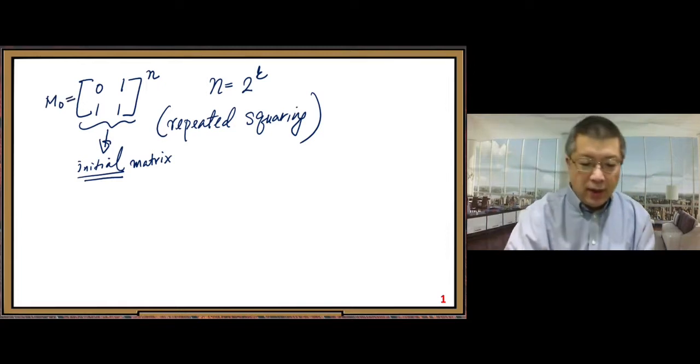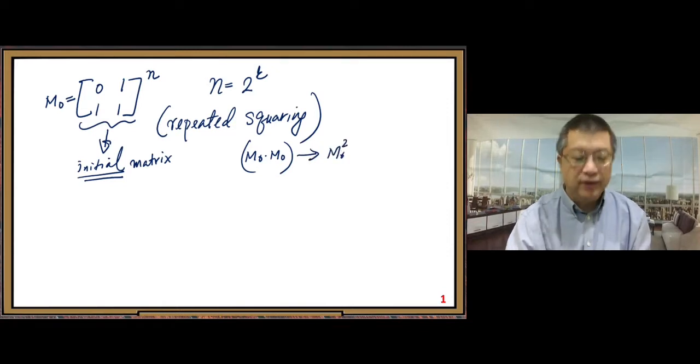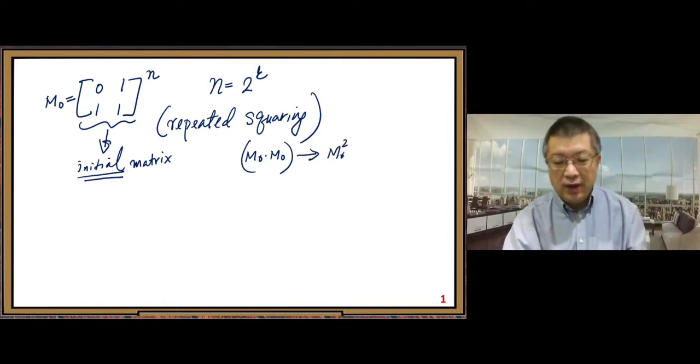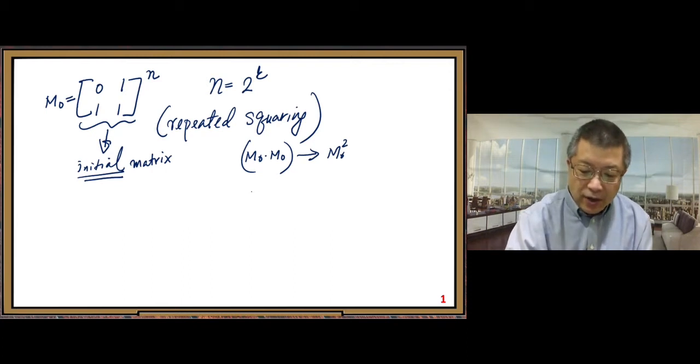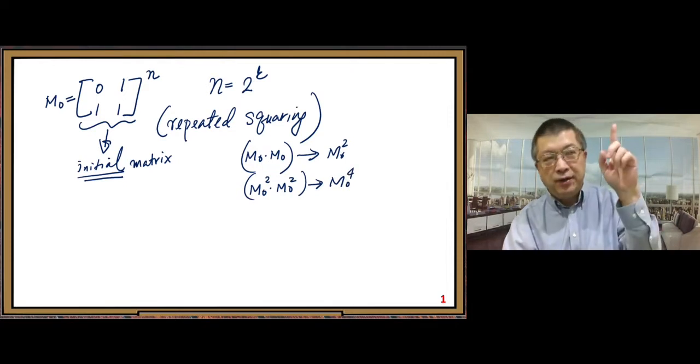Then you do the matrix product M0 times M0, one multiplication, and you get M0 squared. Then you do another multiplication, M0 squared times M0 squared, so you get M0 to the 4th, and so on.